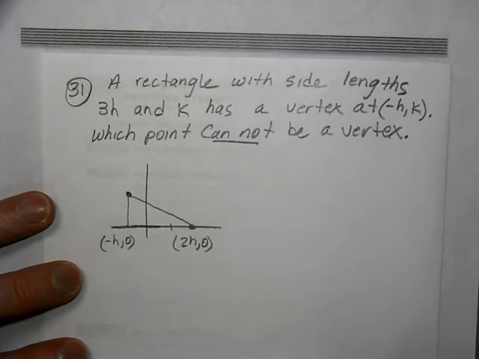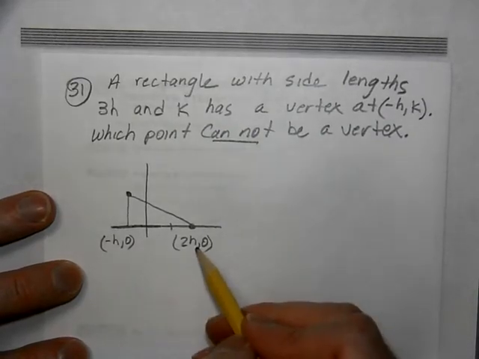So we want to see 2h comma 0. Okay, that's possible. So that rules out option C.